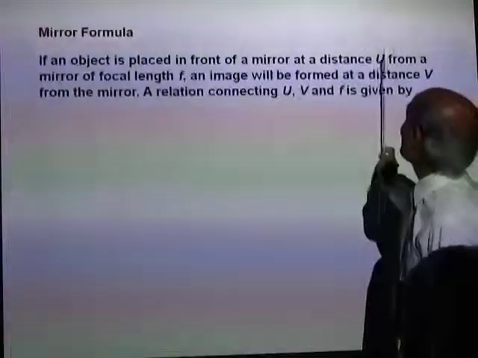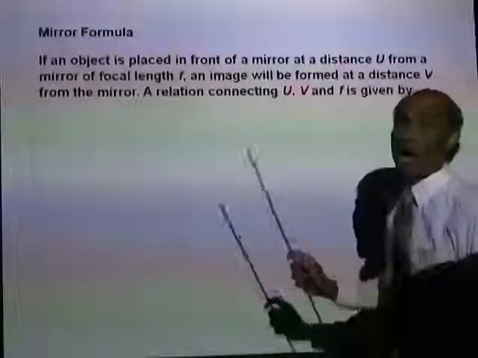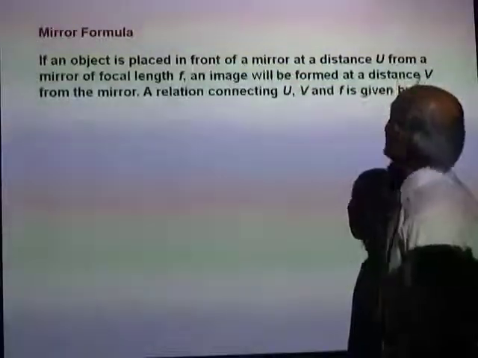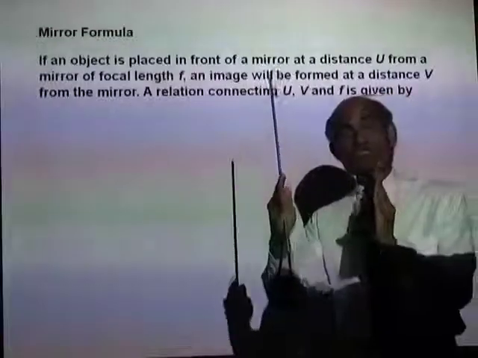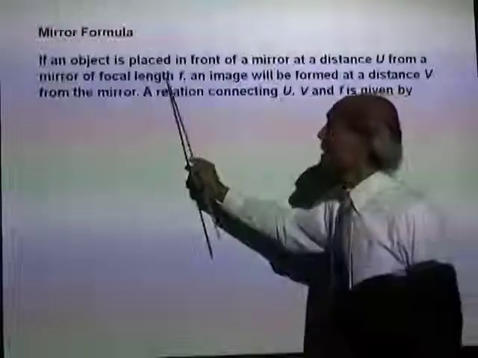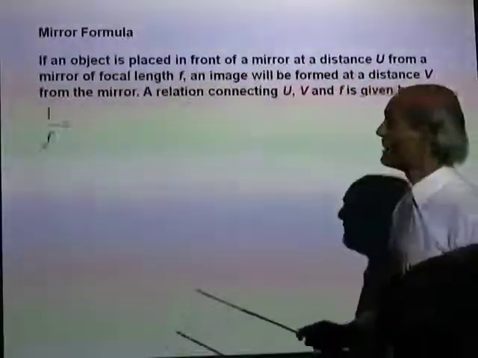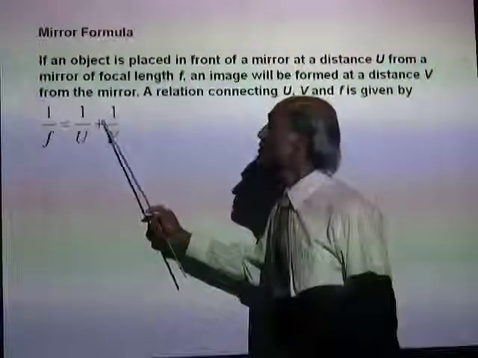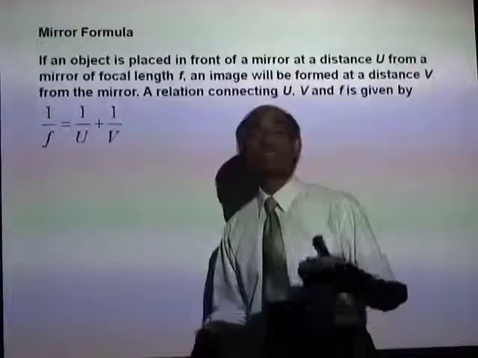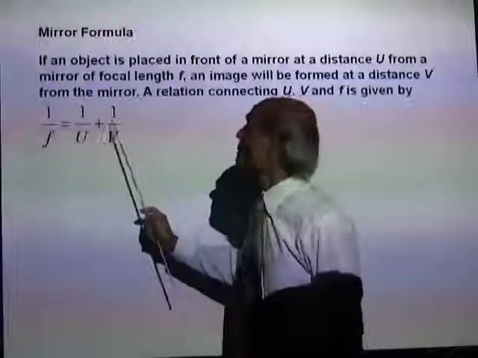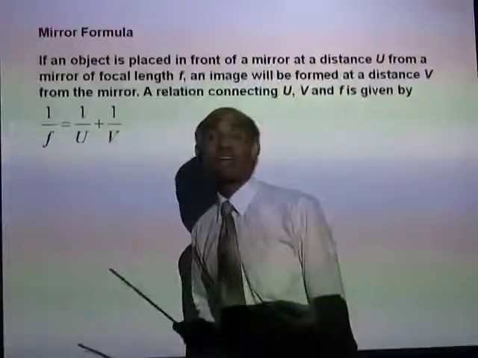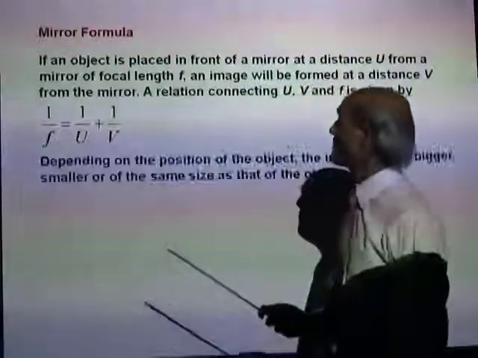So you must get used to this: u is the object distance, the distance of the object from the mirror, v is the image distance, the distance of the image from the mirror, and f is the focal length. Then 1/f = 1/u + 1/v is the mirror formula. In other words, if you can measure u and v, you can calculate the focal length of the mirror.